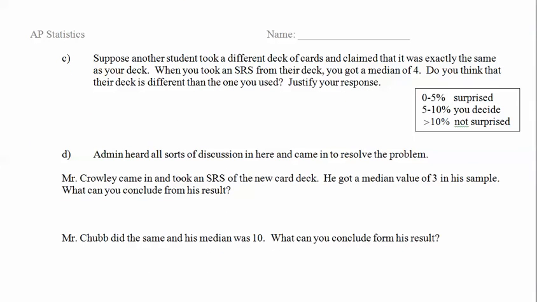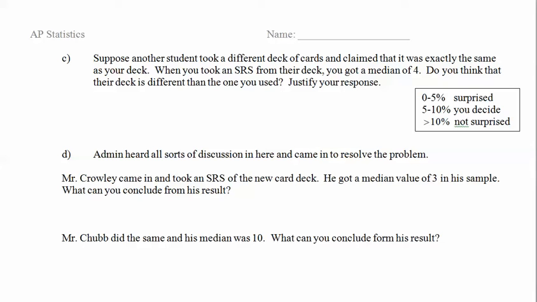In this first example, suppose another student took a different deck of cards and claimed it was exactly the same as your deck. When you took an SRS from their deck, you got a median of 4. Do you think that their deck is different from the one you used?